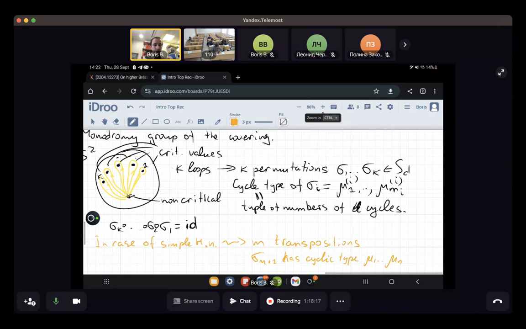And in the definition of Hurwitz numbers, we state that the product of transpositions has cyclic type mu 1, etc., mu n. And here I state that the product of these transpositions is equal to identity. This means that the product of these transpositions has exactly cyclic type mu. And so I skip here.